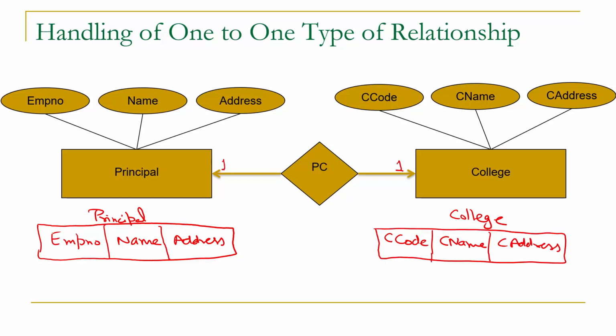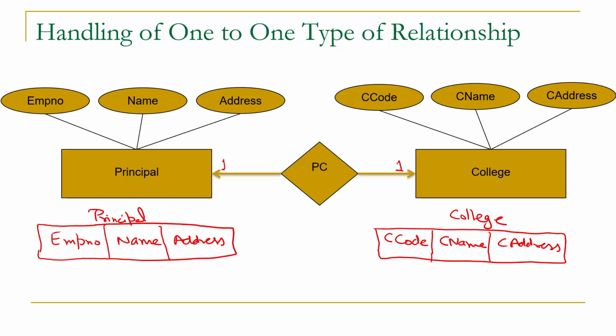Now in order to store the information about the relationship of one-to-one type, we have to move the primary key of any entity set towards another side. As both the entity sets are of one type, we can move the primary key of any of the entity sets towards another side. So there will be two possible solutions for this ER model.